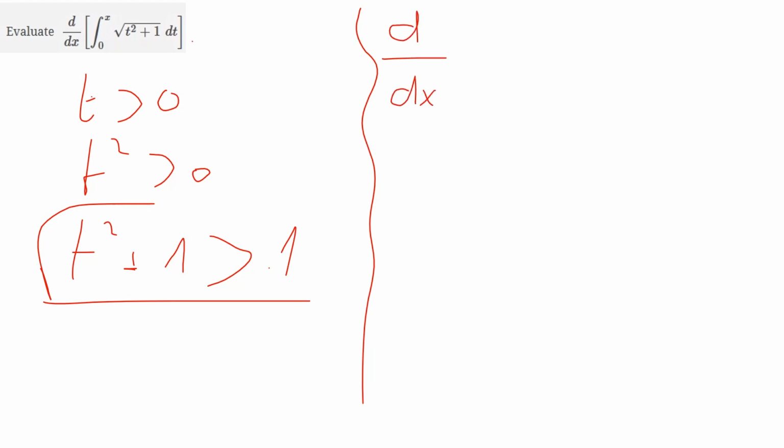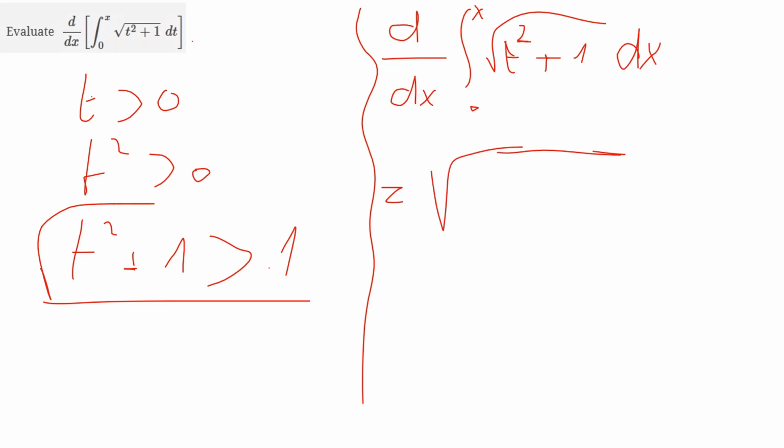This means that the derivative of the integral from 0 to x of the square root of t squared plus 1 dt will just be the square root of x squared plus 1.